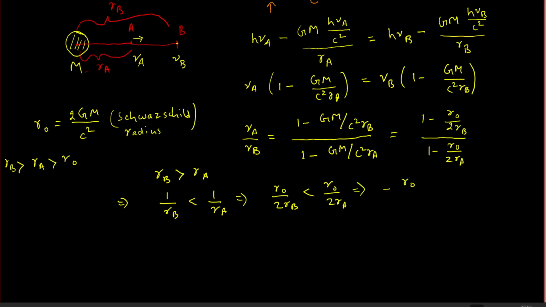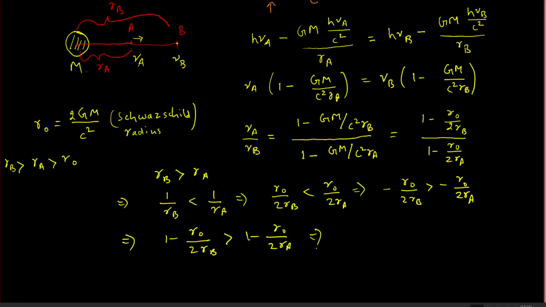If we multiply by minus 1, then this inequality will reverse: minus R naught by 2RB will be greater than minus R naught by 2RA. And we add 1 on both sides, so we'll get 1 minus R naught by 2RB greater than 1 minus R naught by 2RA.